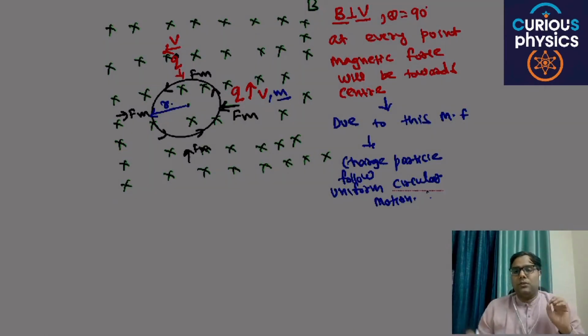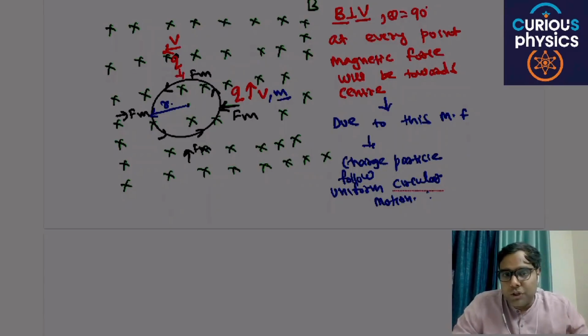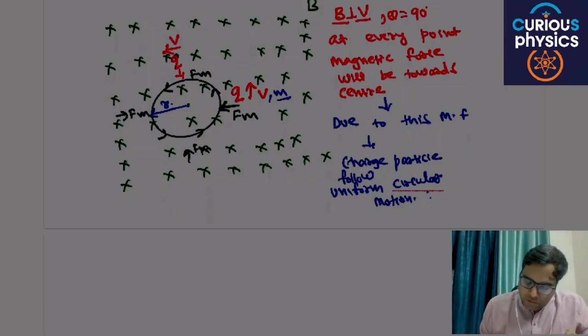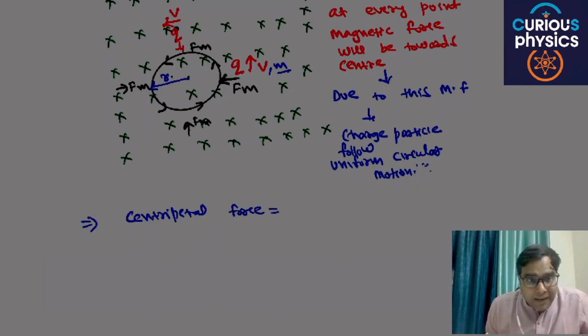If you remember, when any particle moves in a circular motion, the force that makes it move in a circular motion is the centripetal force. And in this case, the centripetal force is provided by the magnetic force. Here the centripetal force is equal to the magnetic force.